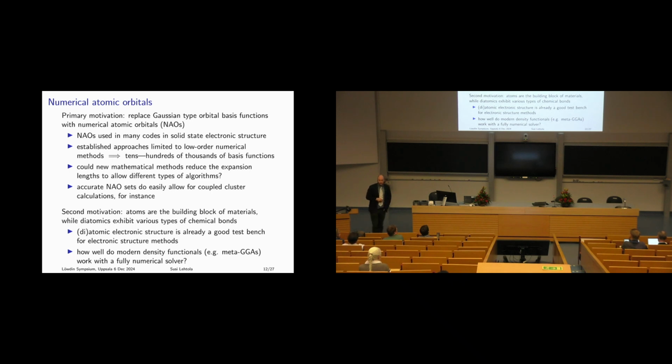I will show that 100 functions is enough, while the older ones might use tens or hundreds of thousands of points in the radial dimension. And then using this technology, I think that we can build much better approaches for molecular calculations with numerical atomic orbital basis sets.